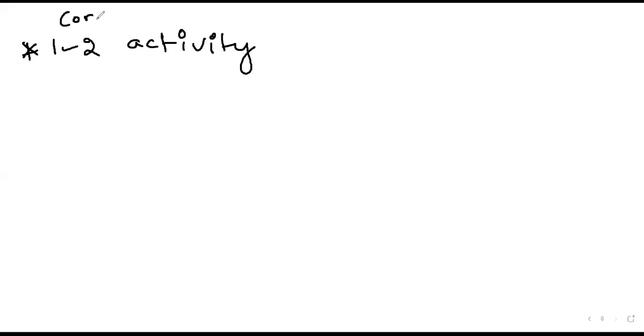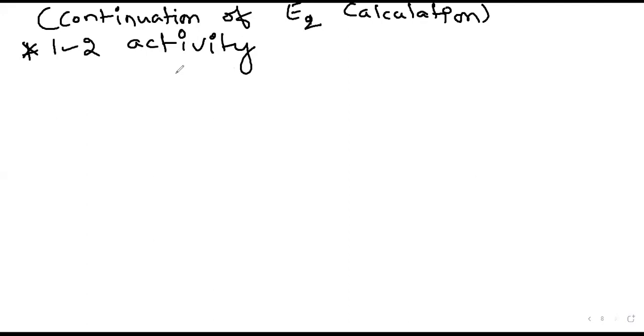This is the continuation of the E2 calculation. The 1-2 activity starts at node 1.